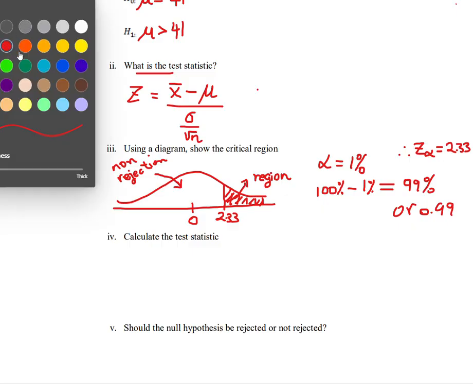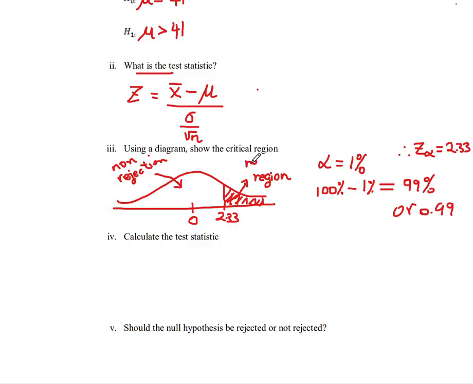Either name is fine. I'm going to name it here rejection region, but I could also, as I indicated, call it my critical region. It means that any z value that I come up with from the test statistic that falls to the right of 2.33 on this x-axis will lead us to rejecting the null hypothesis.